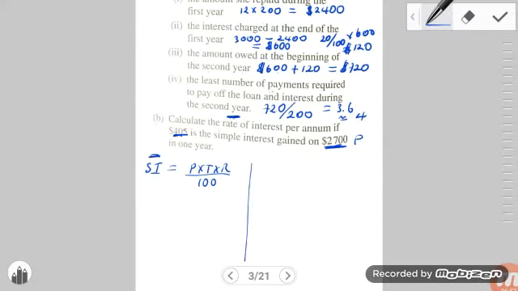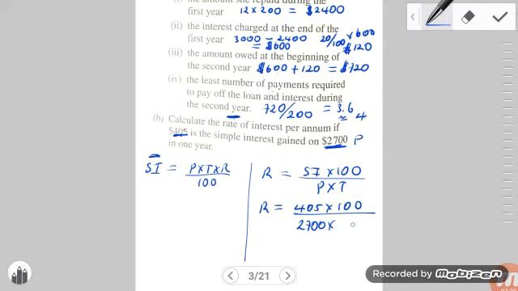But better yet, the formula that I would like to use is the formula for R, which is equal to simple interest multiplied by 100 divided by principal times time. So the rate is going to be equal to the interest earned, 405, multiplied by 100, divided by the principal that you got the interest on, 2,700, multiplied by the time, pardon me, which is just 1 year.